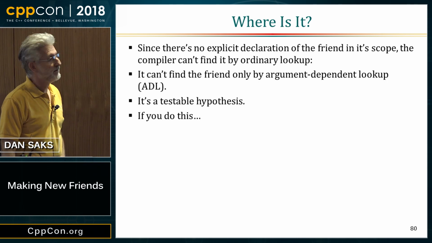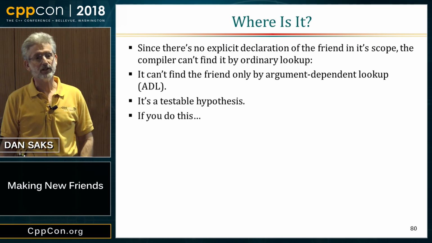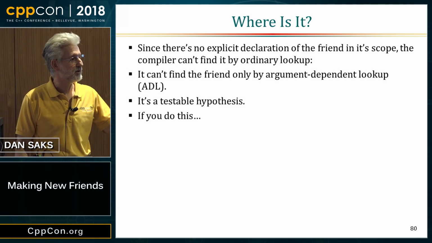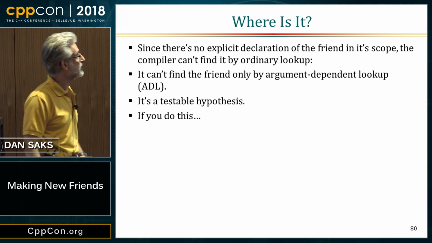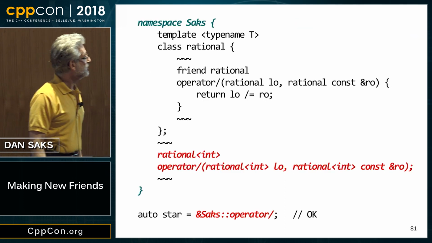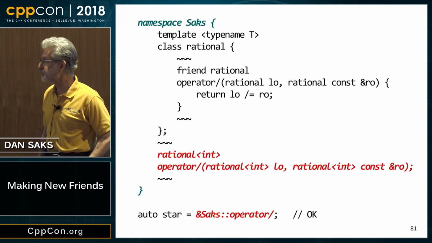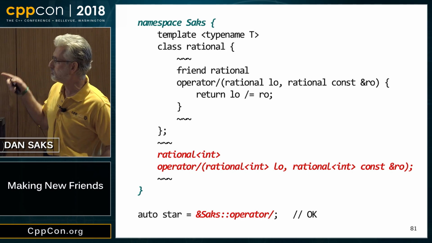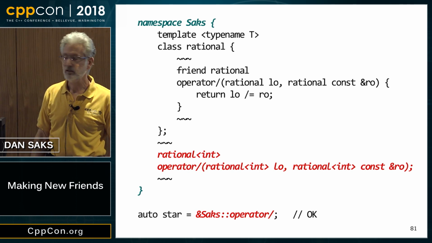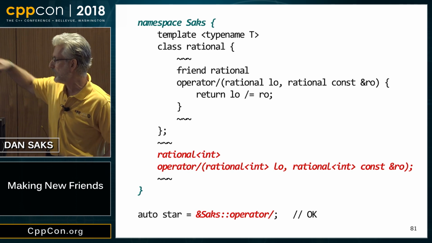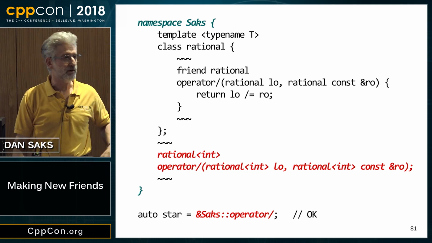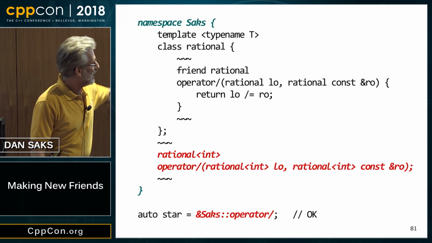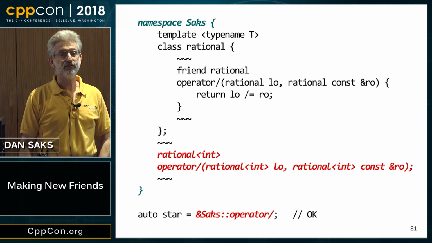But it turns out it can be found by something called argument-dependent lookup, which relies on looking at the argument types to decide what class or namespace to go look in to find it. Here's an interesting little demo to show what's happening. If you explicitly declare a rational int operator divide like that, so that you make the declaration visible by lookup, that access on the bottom line is found.